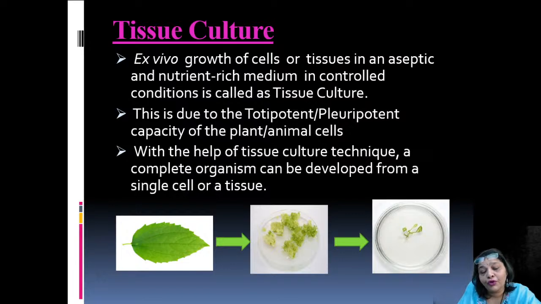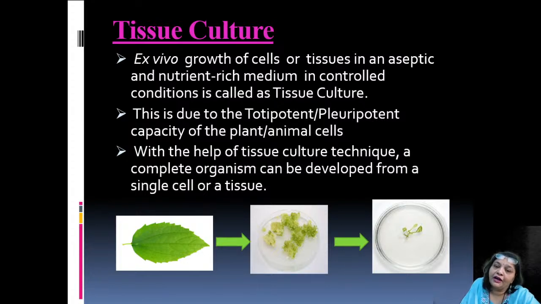Now, these growth hormones decide the growth of the vegetative parts, like the roots, the stem, the leaves. You can see a single plant which is propagating in the petri dish from the callus, actually a small part of the tissue of callus. So this is how multiplication of various plants is possible nowadays.